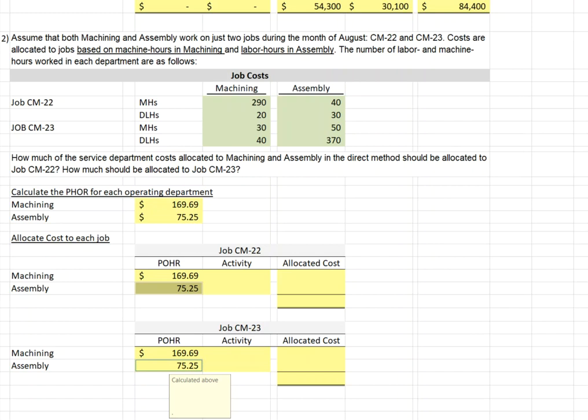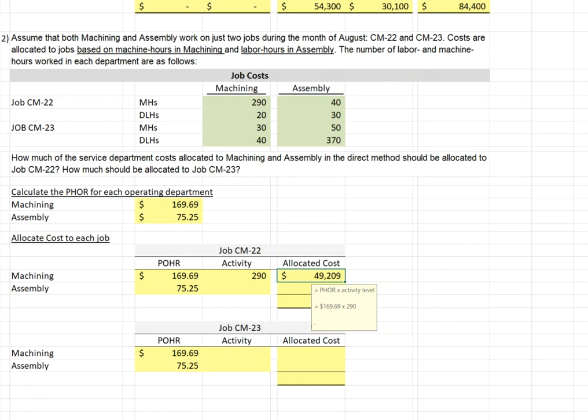To allocate our cost, we need to take our predetermined overhead rate and multiply it by the activity level. Job CM22 spent 290 hours in the machining department. 169 times the 290 gives us an allocated cost of $49,209.